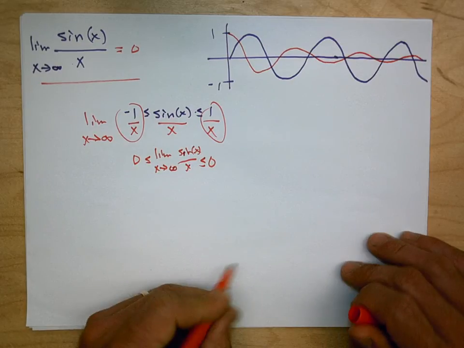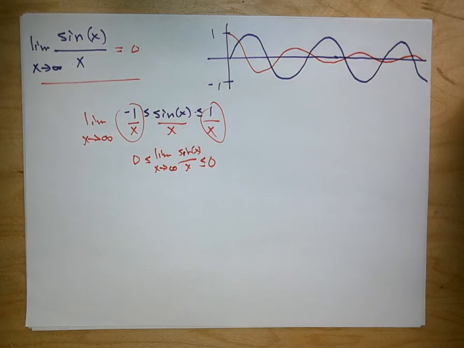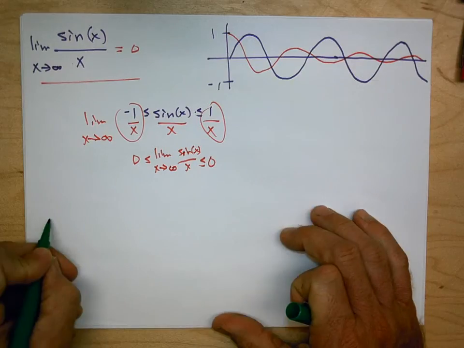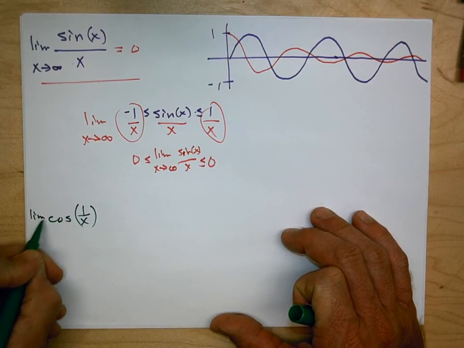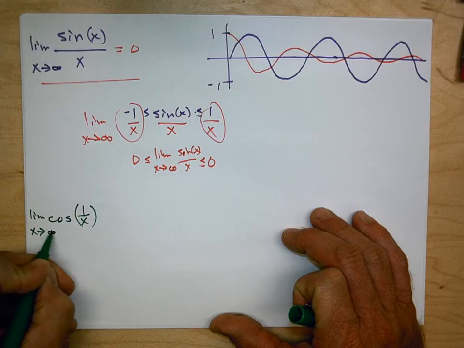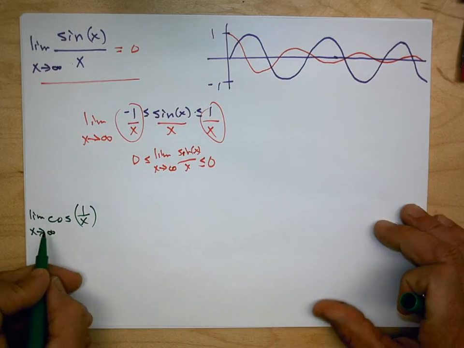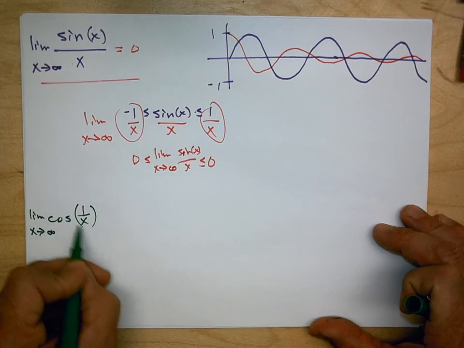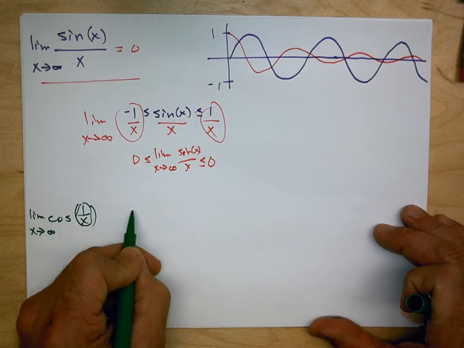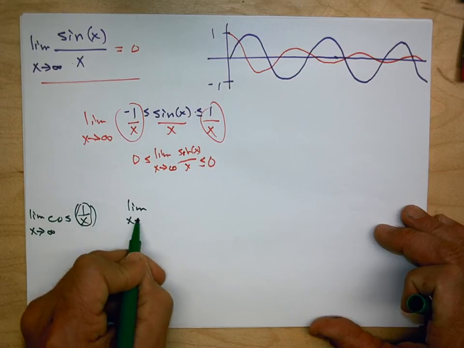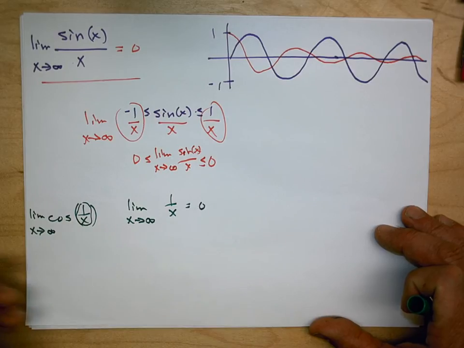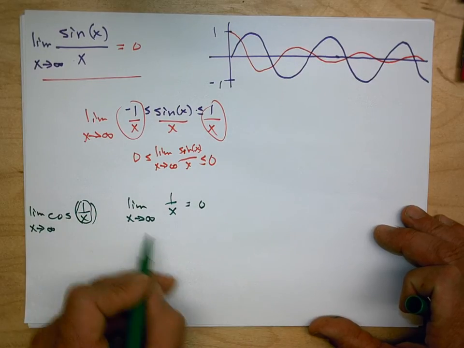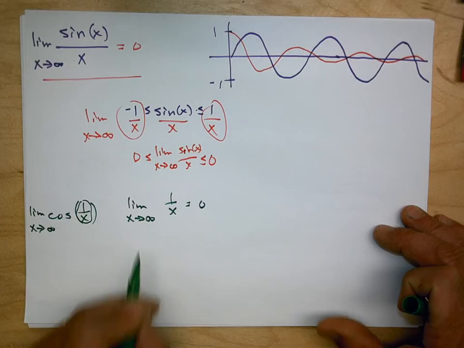All right, let's look at another trig example. How about cosine of 1 over x? Take the limit as x goes to infinity. Well, the only thing that's moving here is what's inside, and we already know that the limit as x goes to infinity of 1 over x equals 0. Again, we're not saying that 1 over x equals 0, we're just saying that it gets arbitrarily close to 0 as x gets larger and larger.